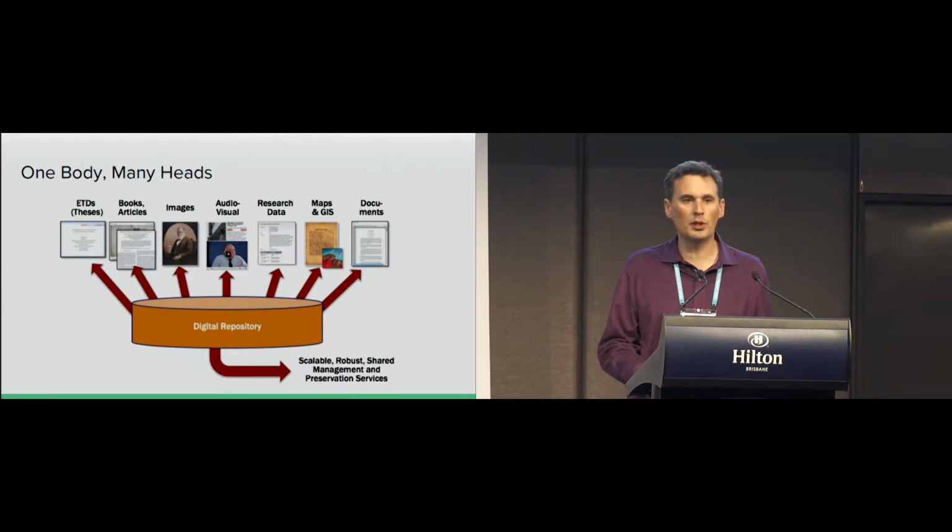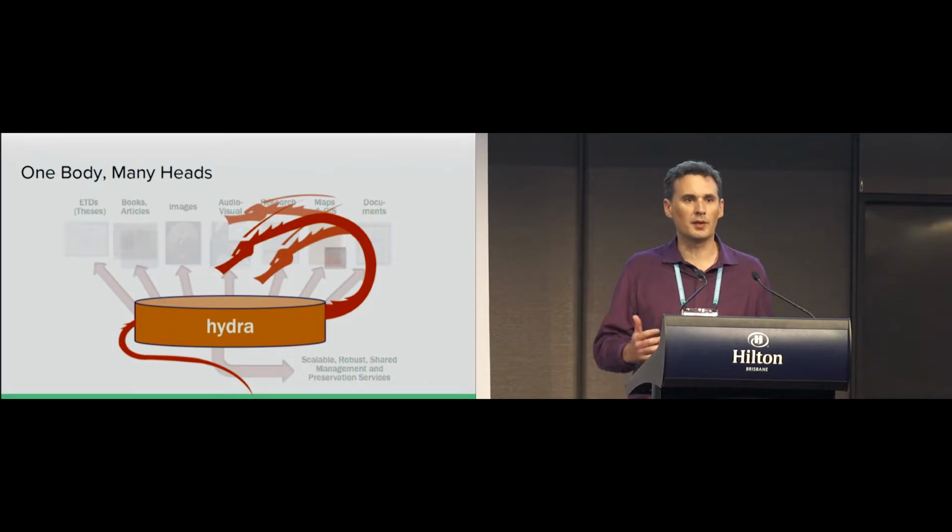And so the beauty of a repository is that you can take things like ETDs, books, articles, images, data sets, and actually store and manage them in one big digital asset management or digital repository to govern access, provide management, take preservation actions. But at the same time, you want to have highly customized interfaces and workflows for different content types and different consumers. And that is the nature of the Samvera architecture. Hopefully next year we will not be using this slide, but I think the philosophy still holds true.